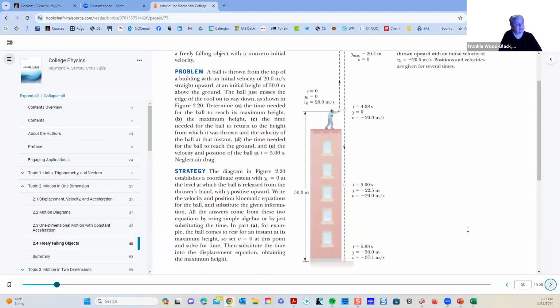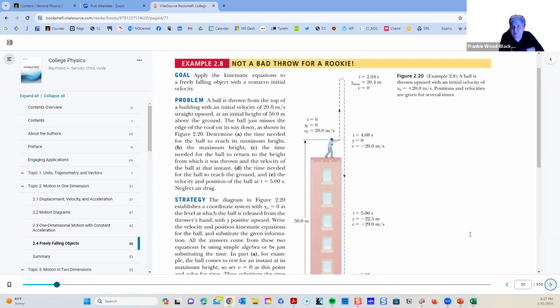And there is the problem that I kind of did with our castle, but it's laid out here for you to see. We're going to come back to this problem in 2 dimensions, so this is a really good one to study. Pay attention to it so you can see how it's done.